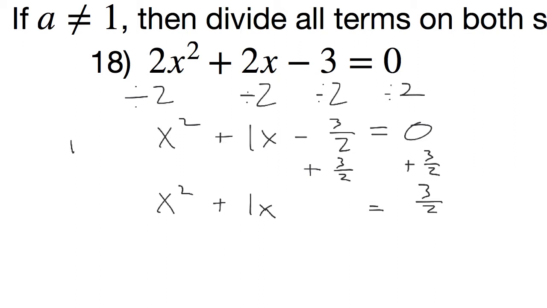The b value is 1. Half of that is 1/2. So I know already I'm just going to have x plus 1/2 squared. When you square half of the b value, you get 1/4.